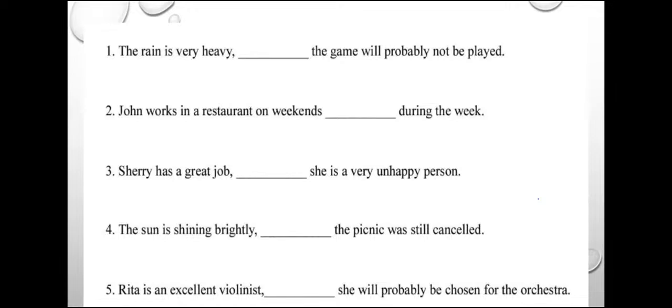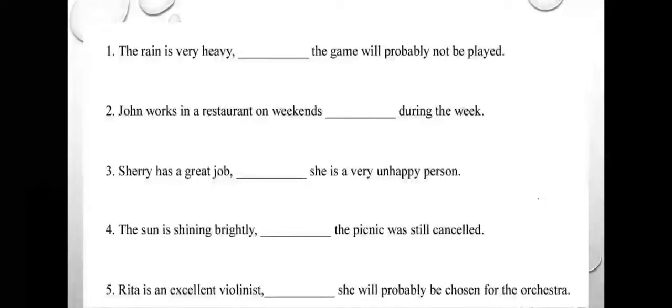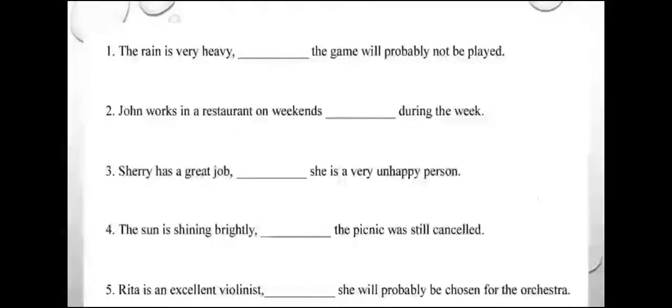Put your answer in the blanks first, and I will give you the answer, and after that you can check how much you could score in this whole video out of the same number of MCQs, and you can share it in the comment section with us, or in the group in your class as well. Let's have the first one: the rain is very heavy, ____ the game will probably not be played.